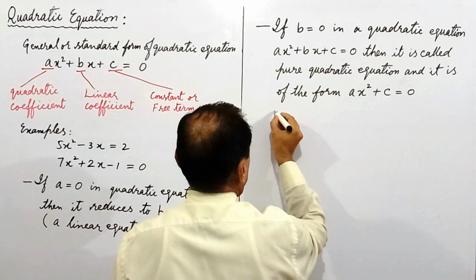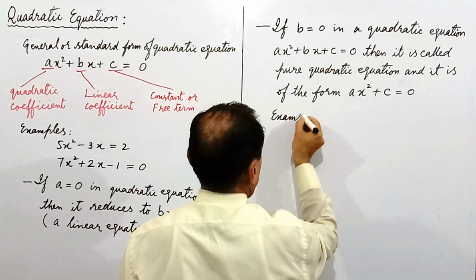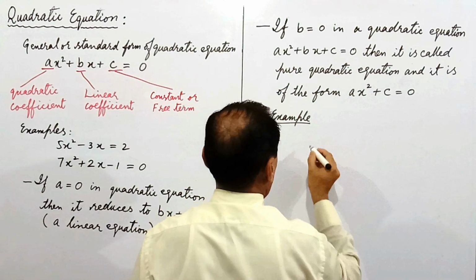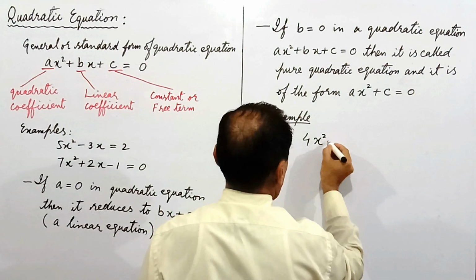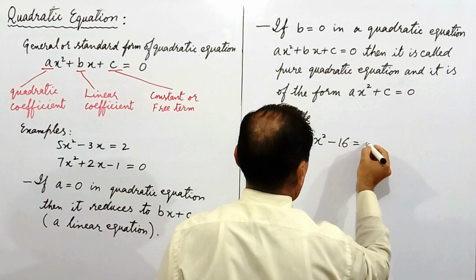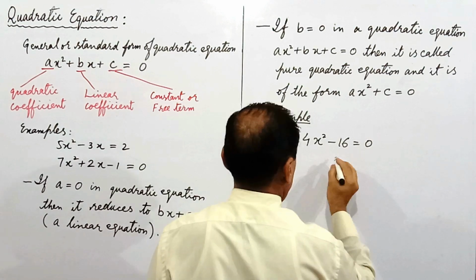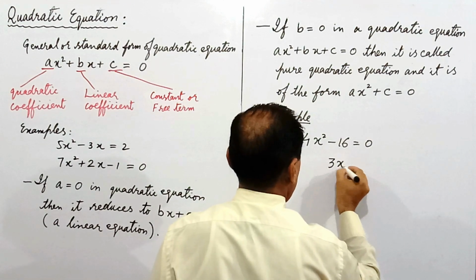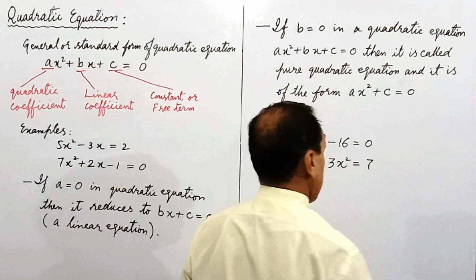For example, 4x square minus 16 is equal to 0, 3x square is equal to 7.